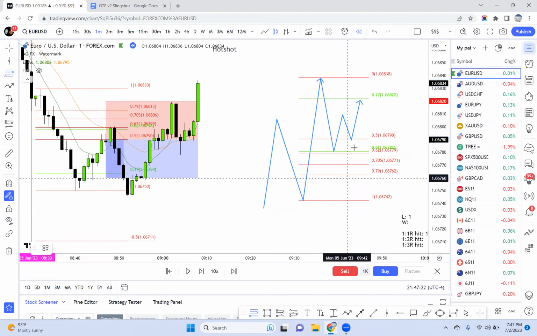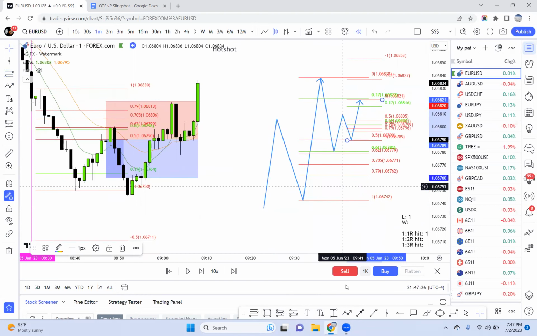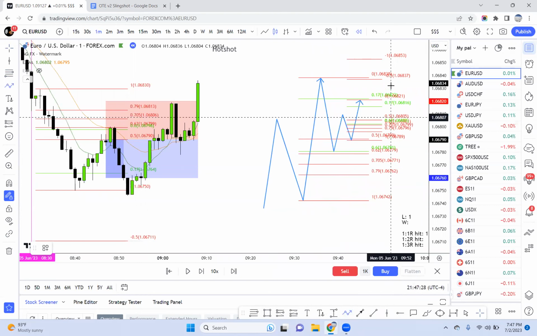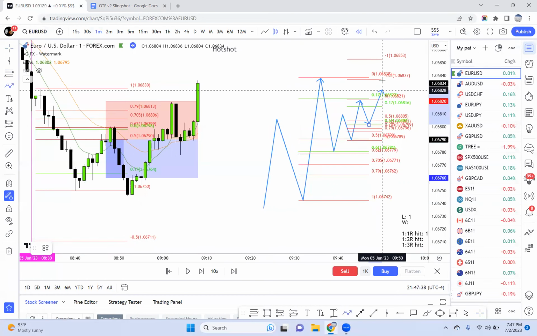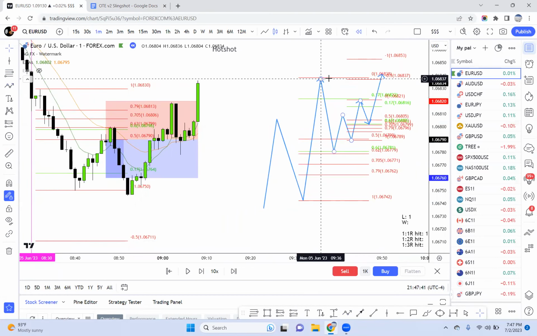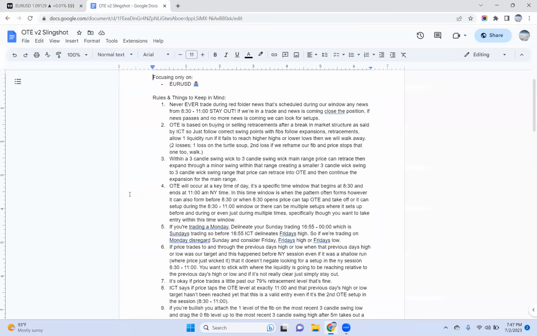Right here is an OTE within a larger OTE. Price can very likely come down, tap into this where we can enter a scale in opportunity. We're already in profit here. This can be a scale in opportunity where we can then look for longs to take out this high, okay? So that's what this rule is explaining here, okay?